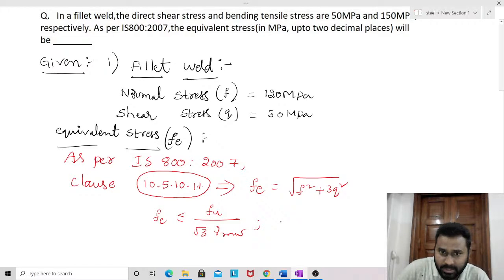This gamma mw is the factor of safety for the weld material, and it is equal to 1.25 if the welding is done in the shop, and 1.5 if the weld is done in the field.